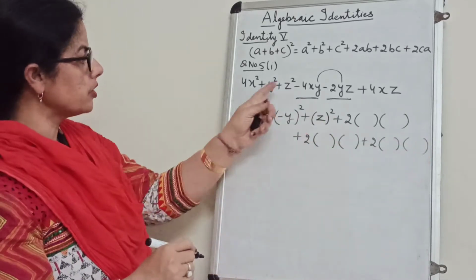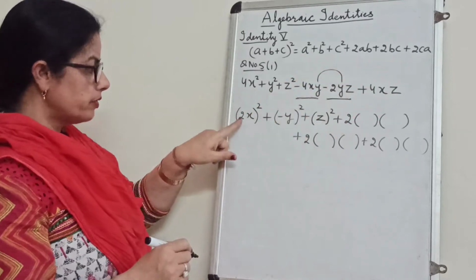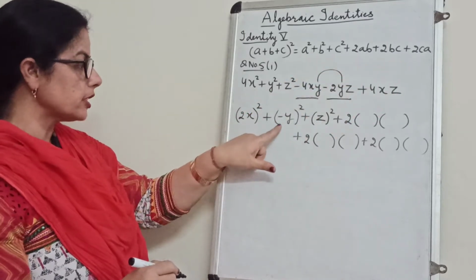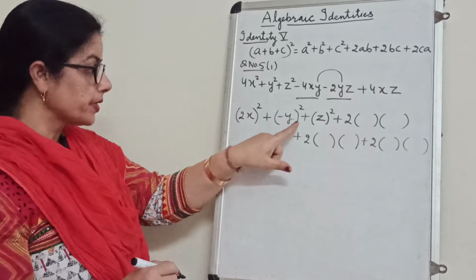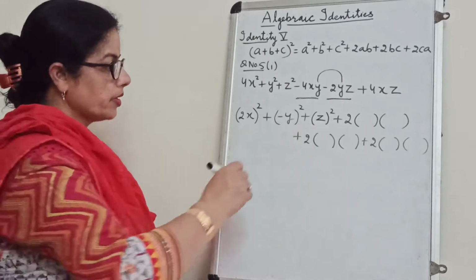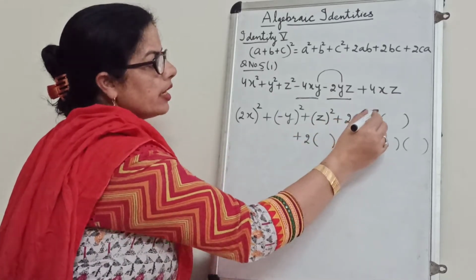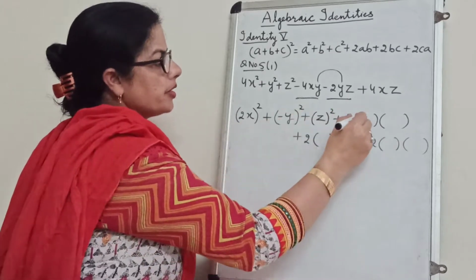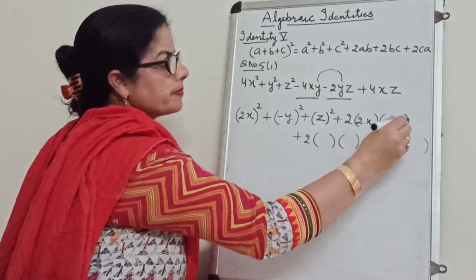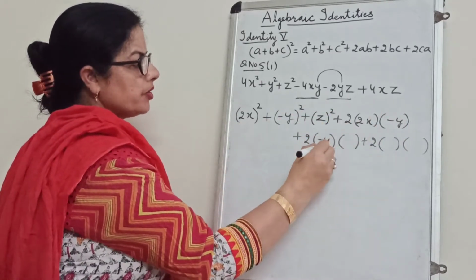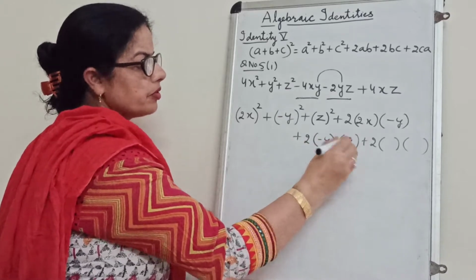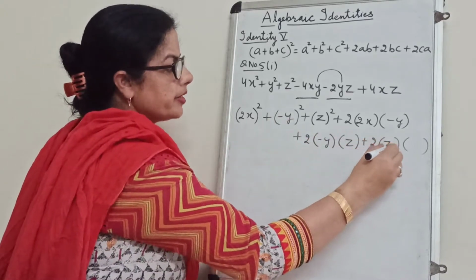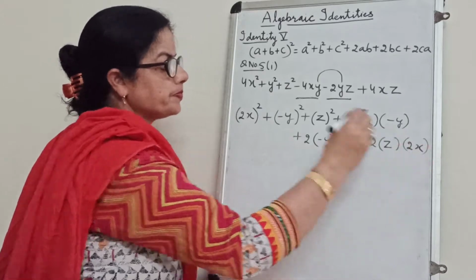We will see whether this form is becoming or not. What is a? 2x. What is b? Minus y. What is c? z. Now 2 into a into b means 2 into first term into second term, 2x into minus y. Then 2 into second term into third term, and 2 into third term into first term.